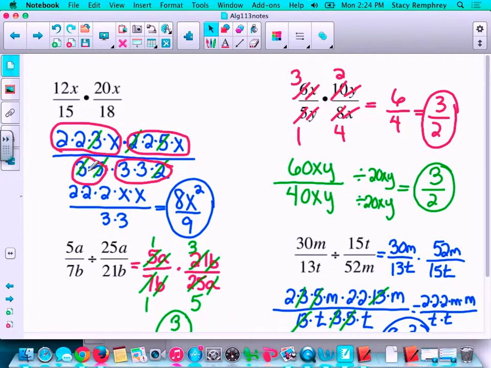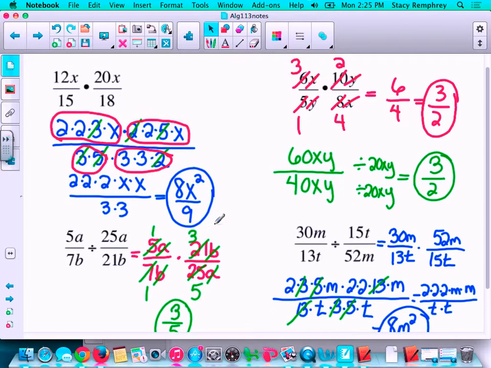And then in green, you can see I canceled out common factors, because anything divided by itself is 1. So what I had left over after I canceled out was a 2, an x, another 2, and an x. So I wrote everything I had left over here. In the denominator, all I had was 3 times 3, so that gave me 8x squared over 9.